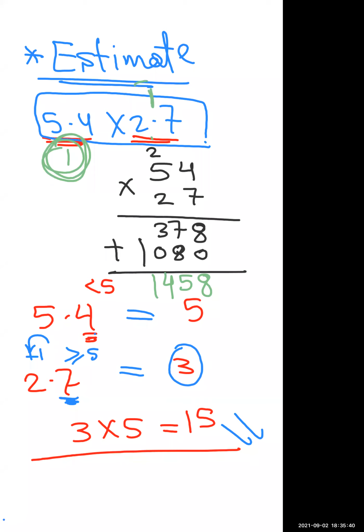Here, also 1 decimal place, correct? So 2 decimal places in the answer. So my number will be 1, 4, 5, 8, then 2 decimal places, like this. So the decimal point will be here: 14.58. Actually, 14.58 is the actual answer, and my estimation is 15.